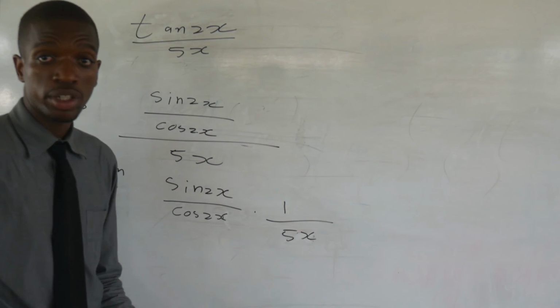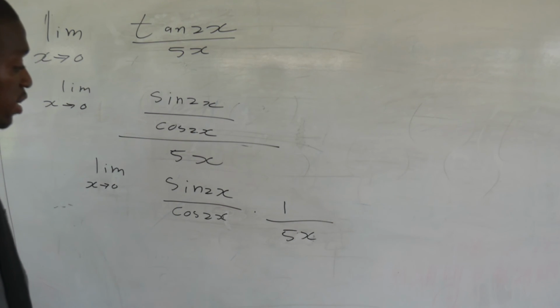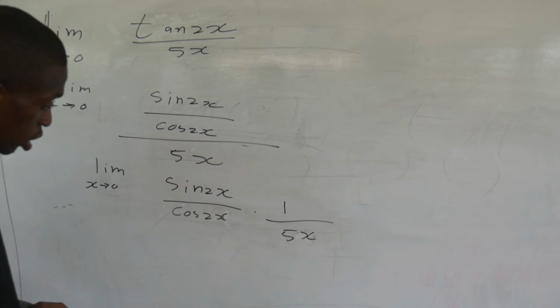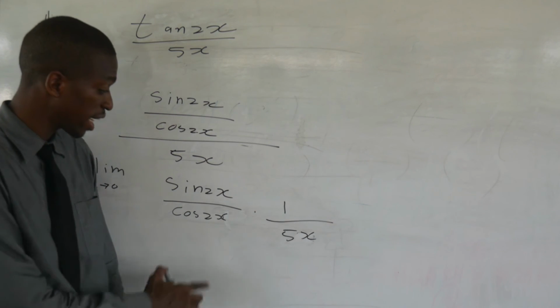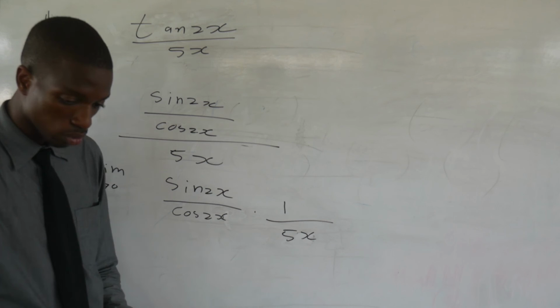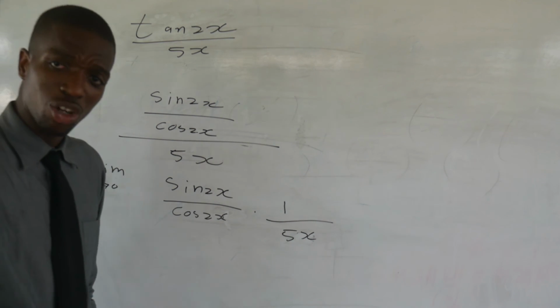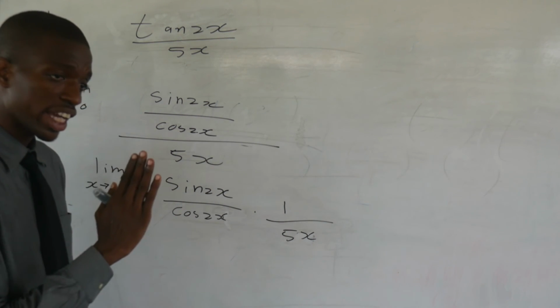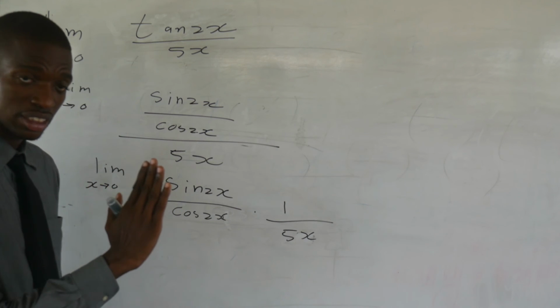Now when you do this simple re-expression, you will see we have something looking like sine x over x. I hope you will allow me to do this: 5 times 6 is the same as 6 times 5.